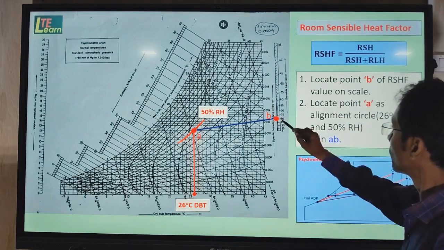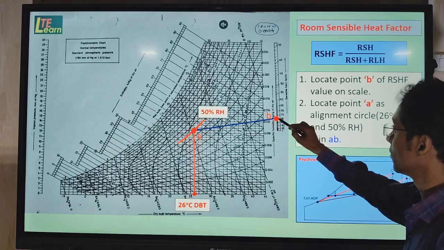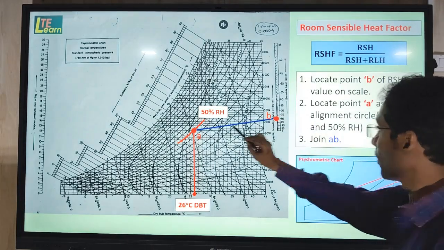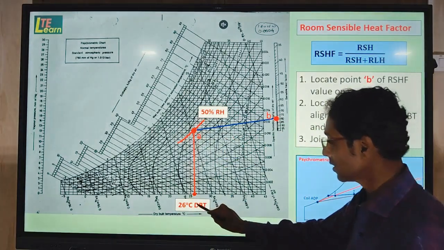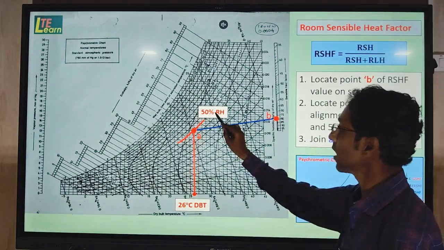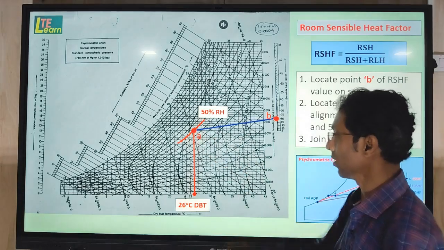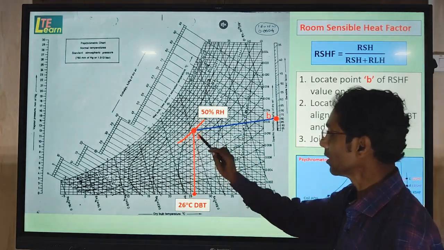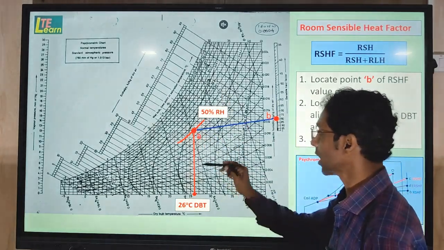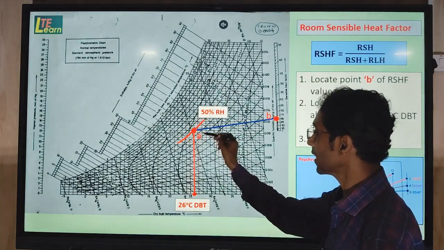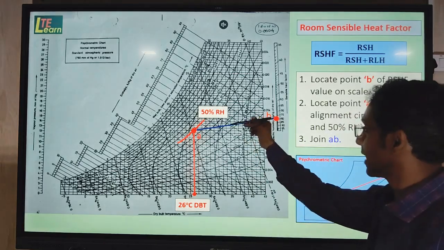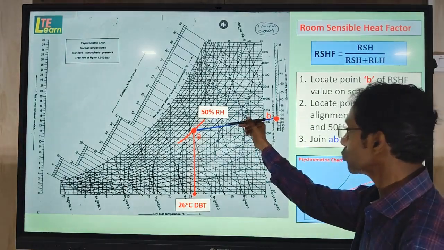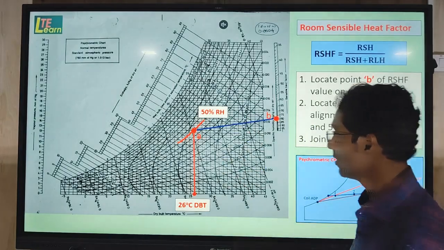So the said value we locate here on this scale with the name B. Point A is a combination of 26 degrees Celsius dry bulb temperature and 50% RH, which is called as alignment circle. This is a reference point we plot on the psychrometric chart. Then we join point A and point B. Thus we get this AB line, that is a reference line to draw room sensible heat factor line in the next step.